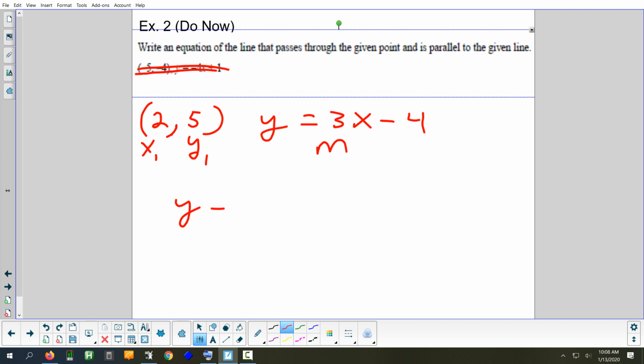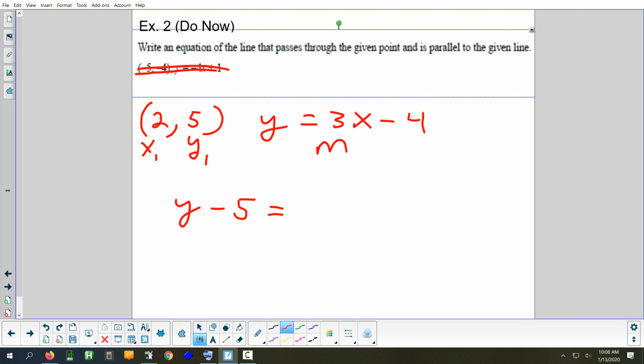Good. y minus. Olivia, what comes after the minus? y1, which is 5. Then the equals. Jade, what comes after the equals? The slope, which is m. The slope, which is 3.